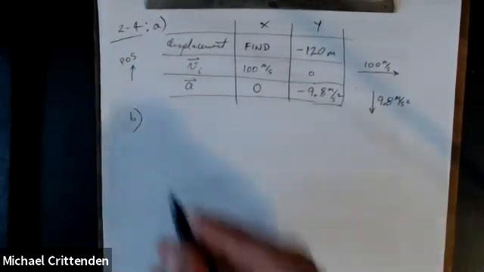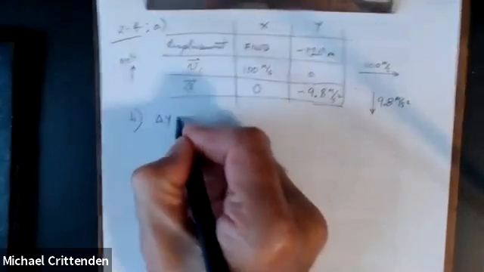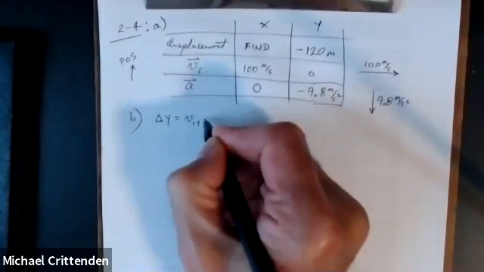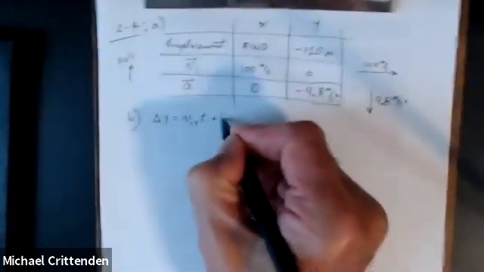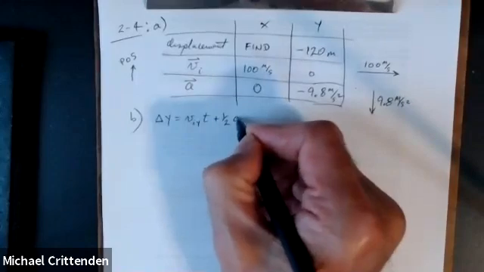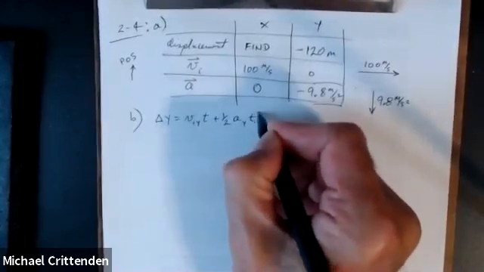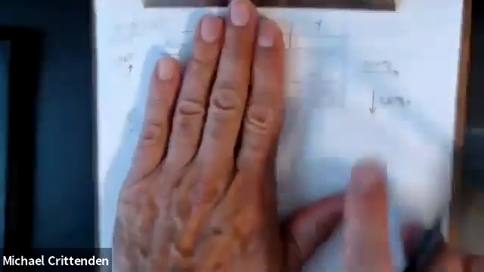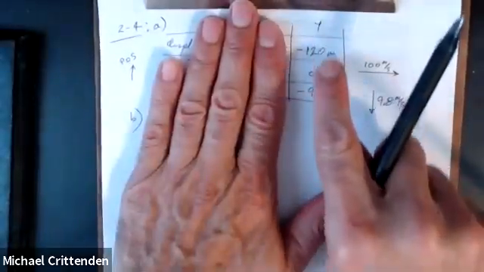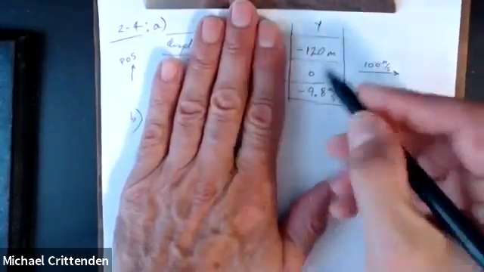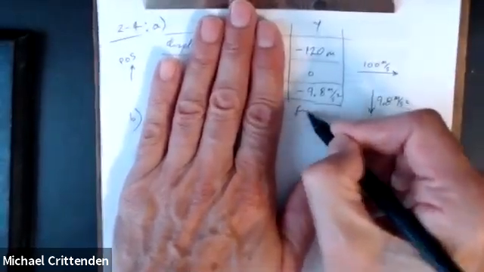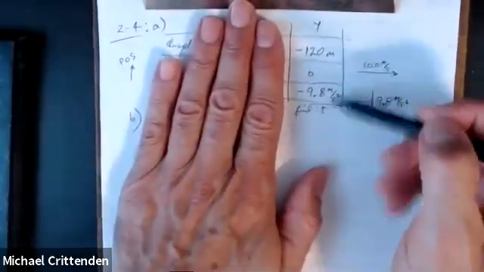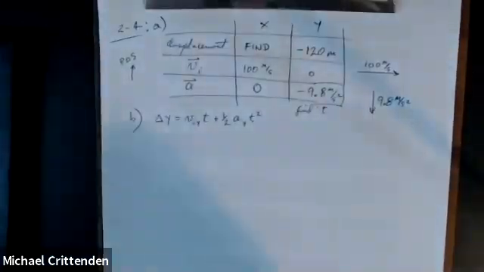So delta y equals v initial y component times t plus 1/2 a_y times t squared. Take all your numbers out of here, and I suppose if you wanted to write it in, you've got all these three pieces of given information, and we're going to try and find the time.